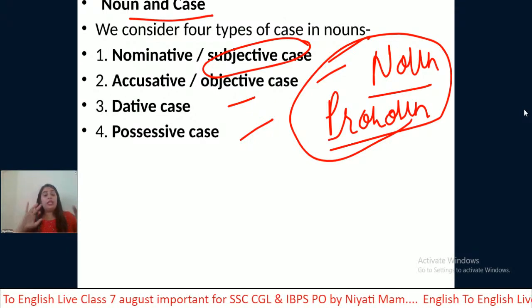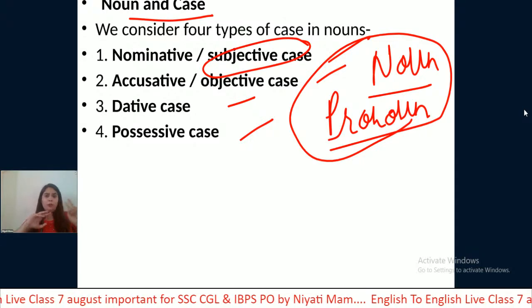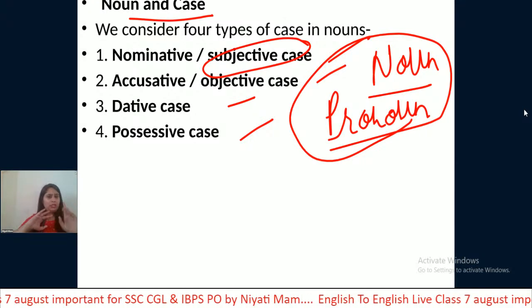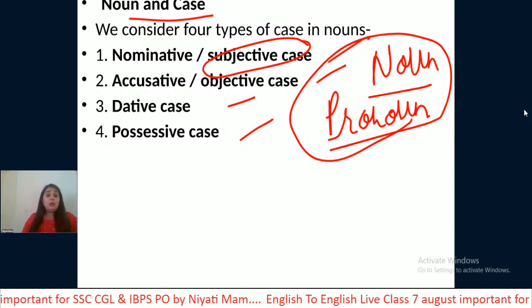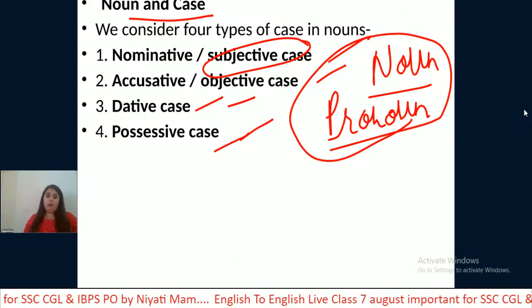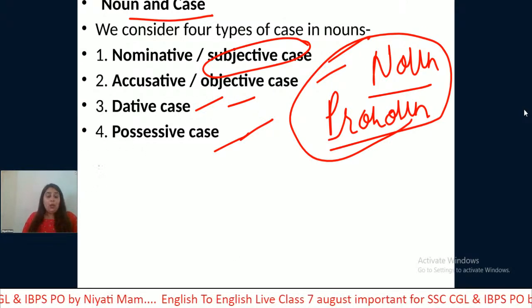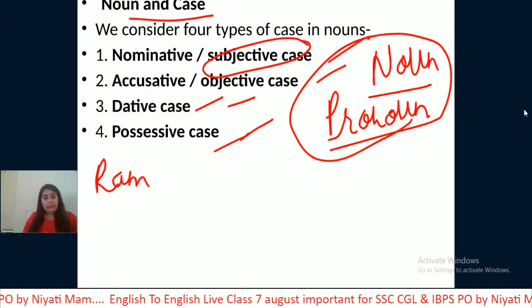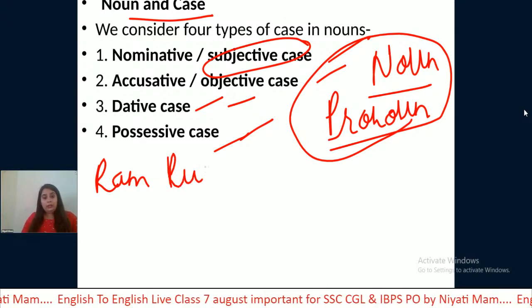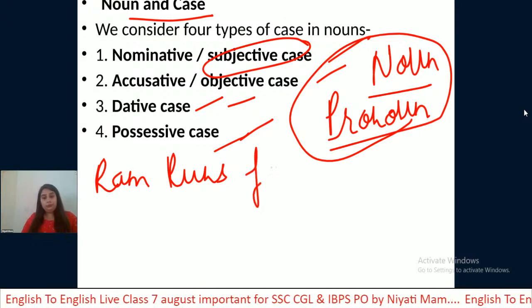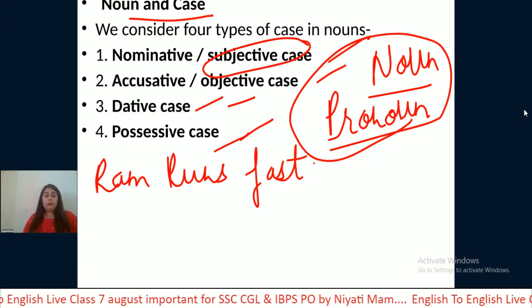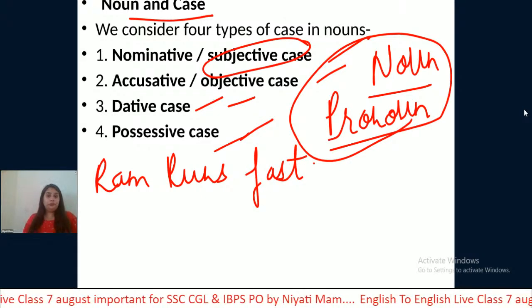This is what is mentioned here in the first 2 points: nominative or subjective case, accusative or objective case. Third one is dative case, and fourth one is possessive case. Okay, first sentence is Ram runs fast.